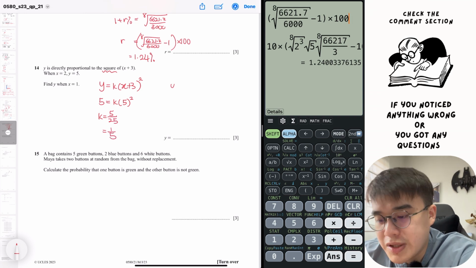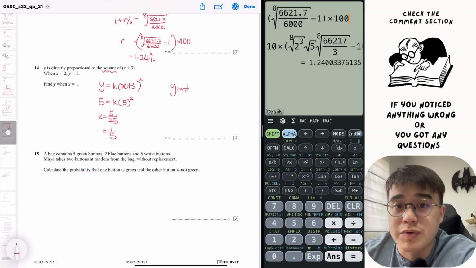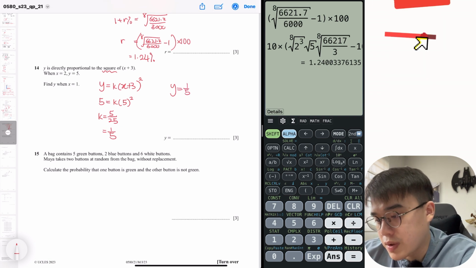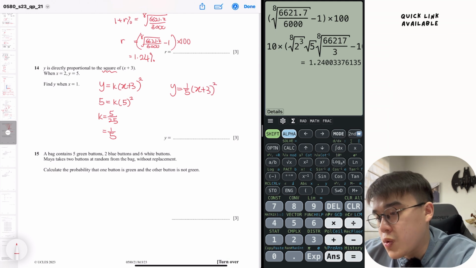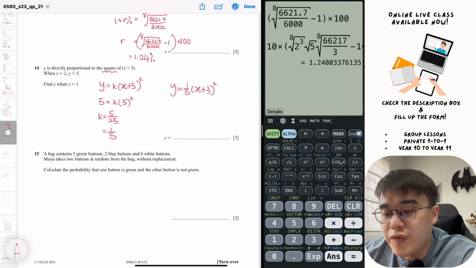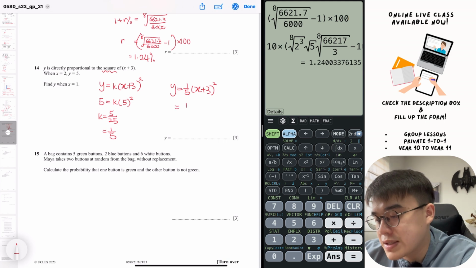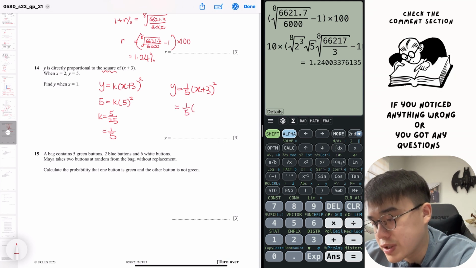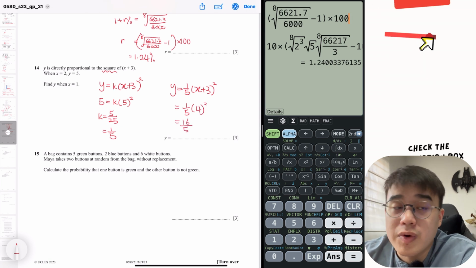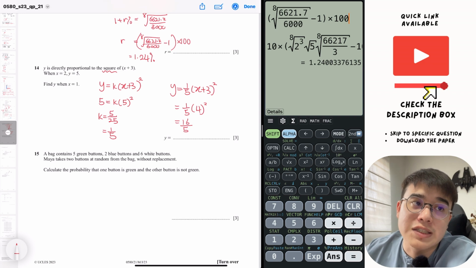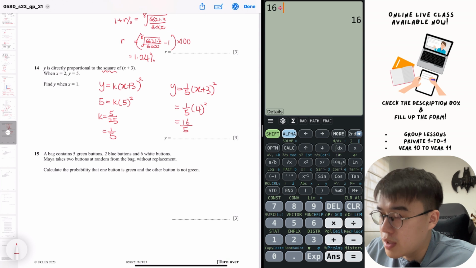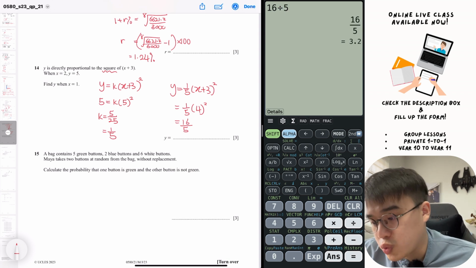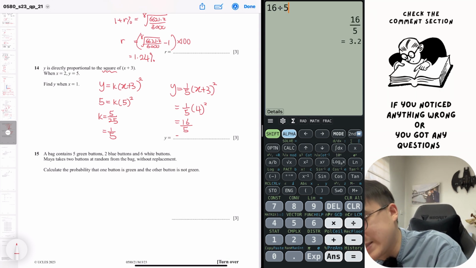So I have to update the equation now that you have the k, which is the scale factor. So x plus 3 square, and then we are able to find y now when x is 1. So 1 plus 3 is 4, 4 square is 16 over 5 will be your final answer here, which is 3.2 if you were to write it in decimal.